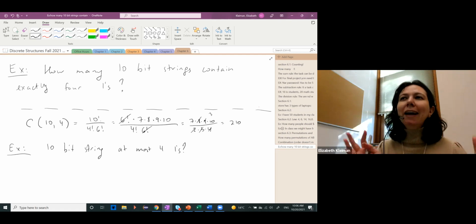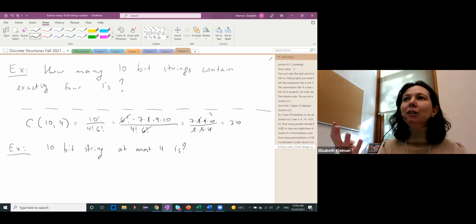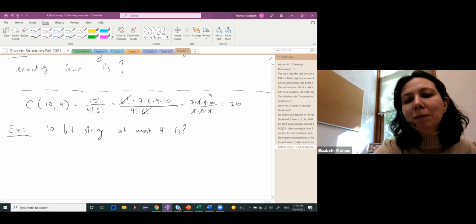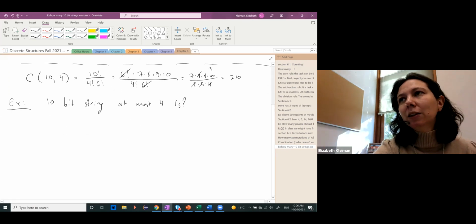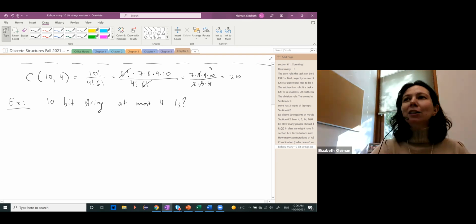Now I can start thinking, can I break it into the cases? And am I going to need to add cases or multiply cases? Can I separate it into different buckets? So what does it mean to have at most 4 ones? So how many ones are allowed? What cases do I have?